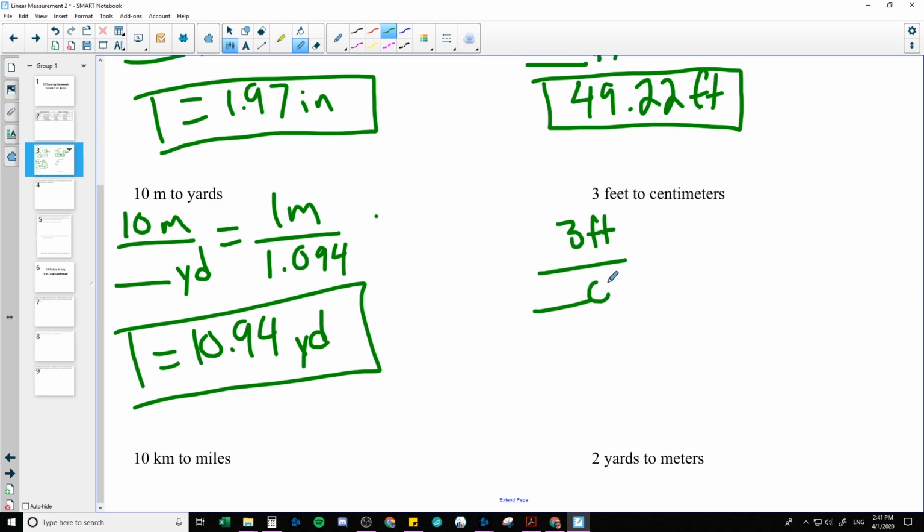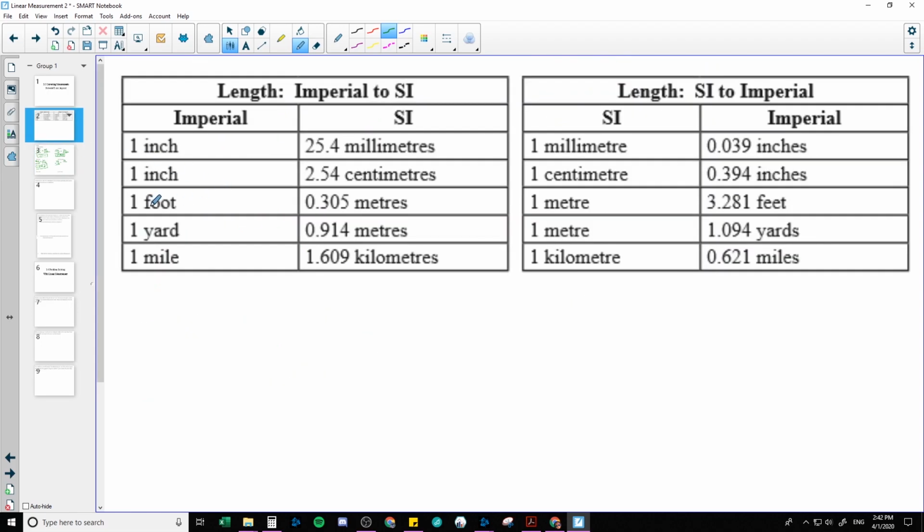3 feet into centimeters. So we've got imperial on the top this time, and that's okay. So 1 foot, we need to know how many centimeters go into 1 foot. Well, let's take a look. 1 foot is, we don't have that in this chart. What we have is 0.305 meters. Okay, well, we know that we can convert this into centimeters with what we were doing last time.